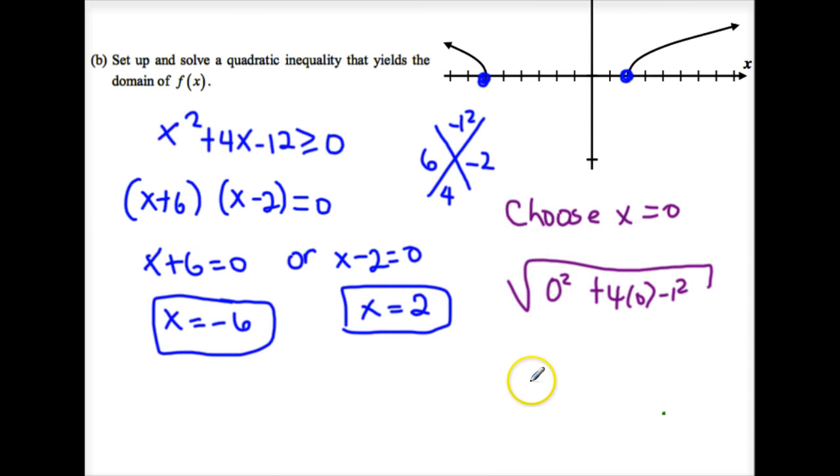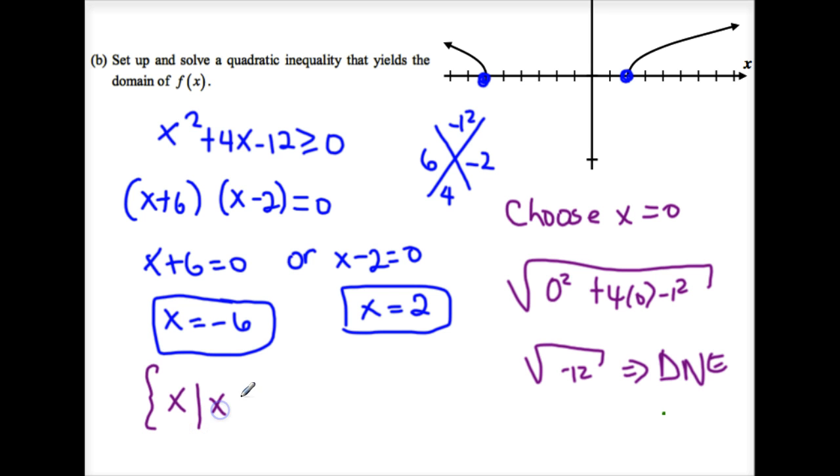If I was to work this out, I would get the square root of negative 12, which we know does not exist. So what that means, to write a set builder, is that our domain is x such that x is less than or equal to negative 6, or x is greater than or equal to 2, because we picked 0, which was in the middle, and that did not work out.